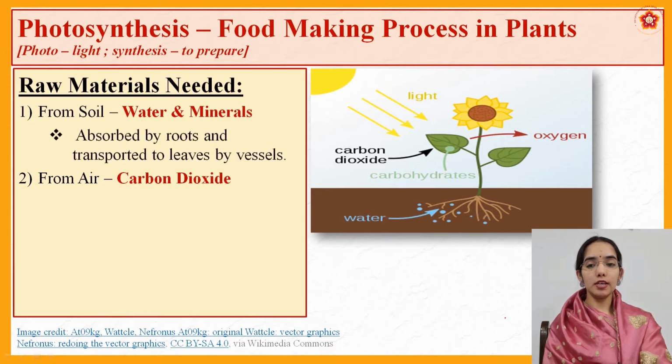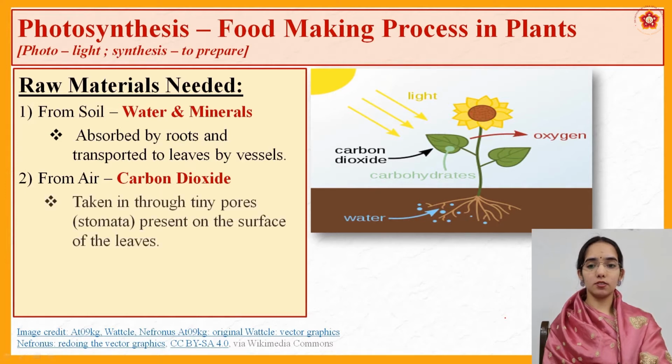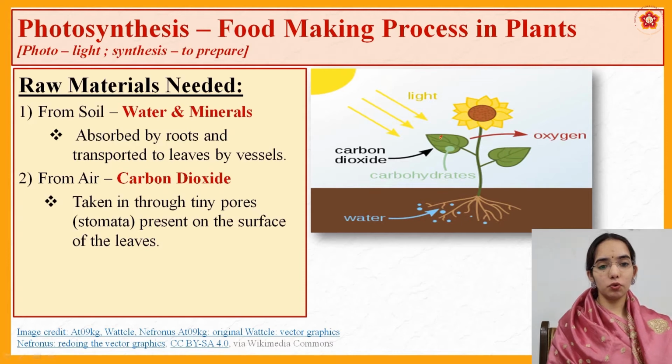Water and minerals are absorbed by the roots of the plant, and then transported to the leaves by vessels. And carbon dioxide is taken in through tiny pores called stomata present on the surface of the leaf. You cannot see them with naked eyes, but under the microscope you can see them.